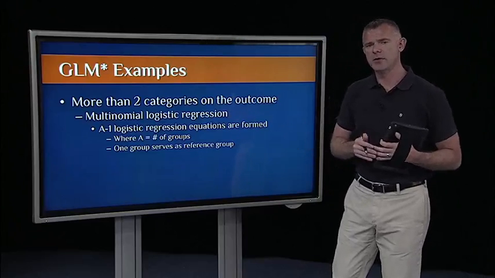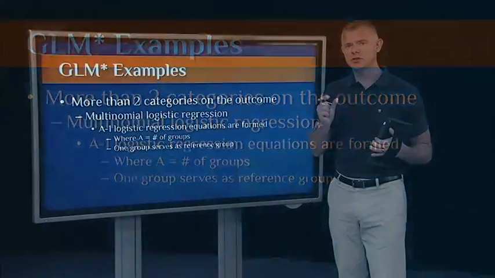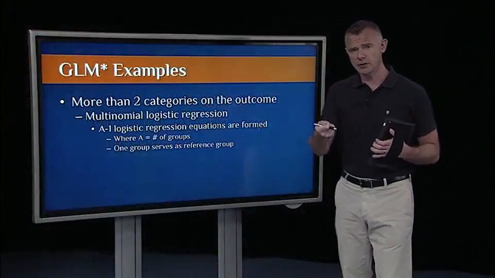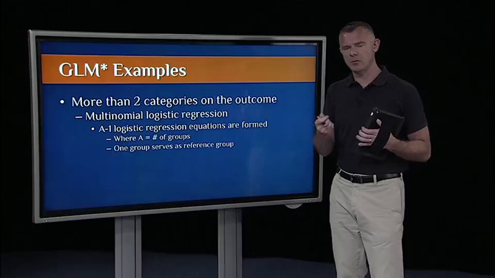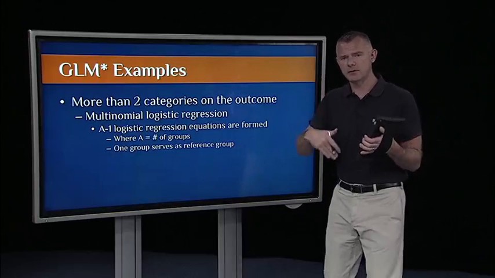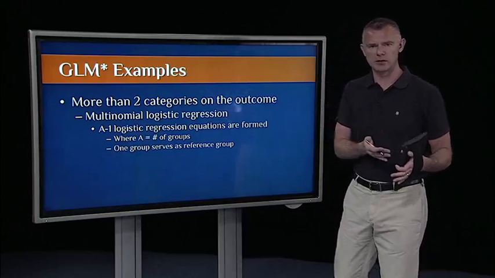If you had 3 categories or 4 or more in your outcome variable, then that's just multinomial logistic regression. Again, it's still just the logit function that we would use as the link function, but you would need to create one group as the referent category and then create several logistic functions to compare each to that reference category.